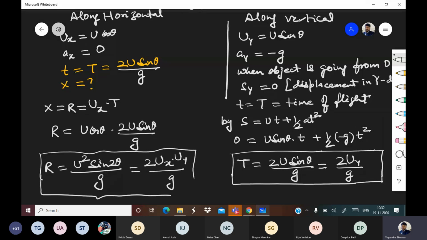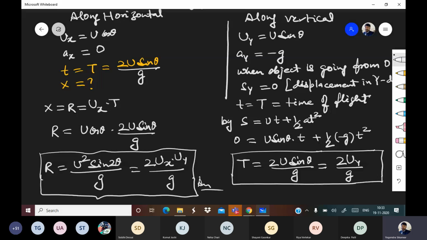Okay, so this is your horizontal range. All right, very nice. So that is how we can calculate this.